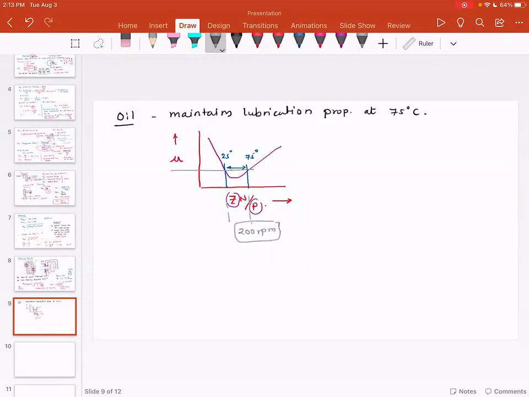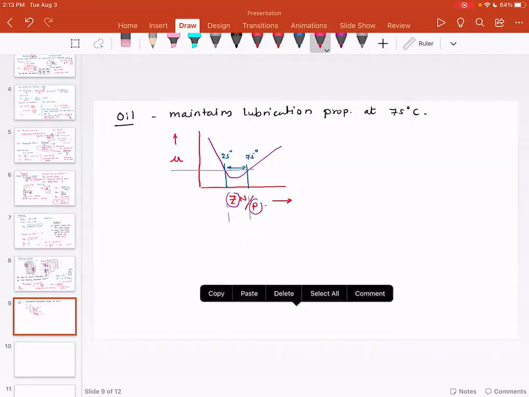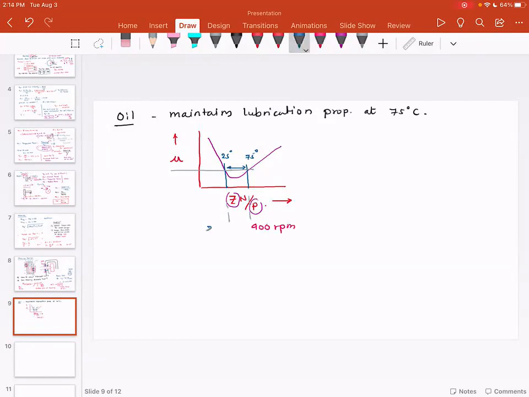If you think about it, in the gearbox you have two numbers: one is 900 RPM for the given gear, and you have 200 RPM. So you have this upper point and lower point. What you want to do is find out the oil.